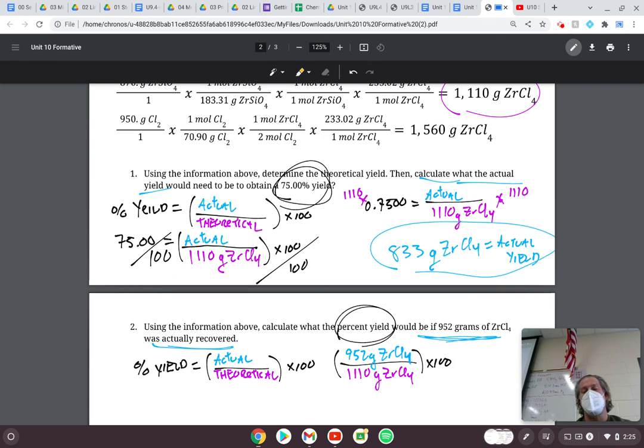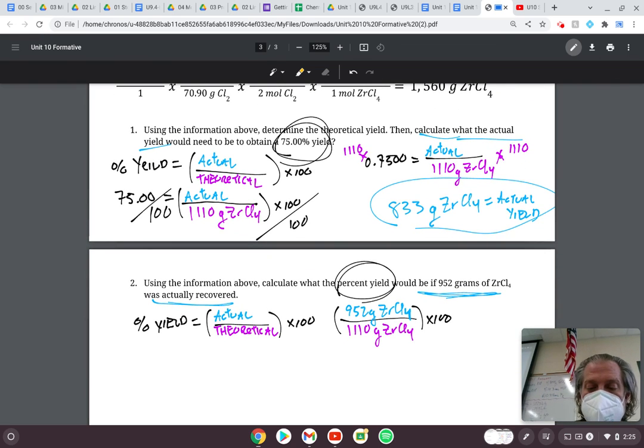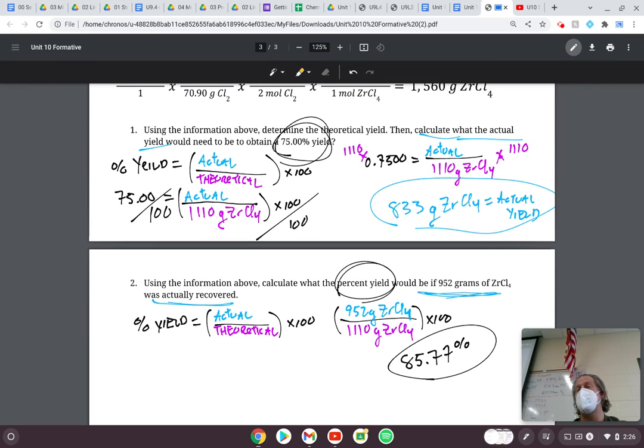So 952 divided by 1,110, that answer times 100 is going to give me a percent yield something around 85.77. Nope. Yep, 77%. Percent. And that's that. So hopefully that doesn't feel too bad for you.